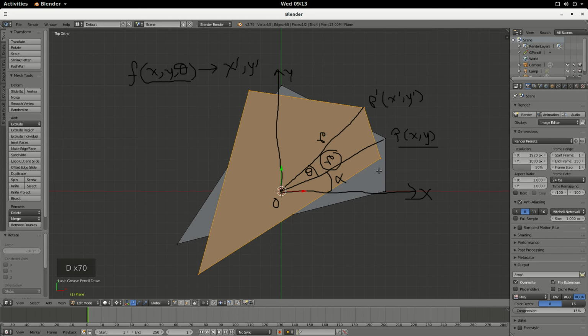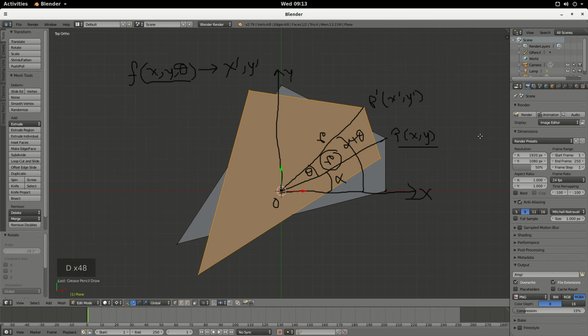So let's say initially it was at an angle alpha already. It could be over here where alpha was 0, right? No big deal, but right now we see that alpha is non-zero, for this point at least. And when it goes over here, what's the angle it creates? Alpha plus theta. All right? So that's what we have.